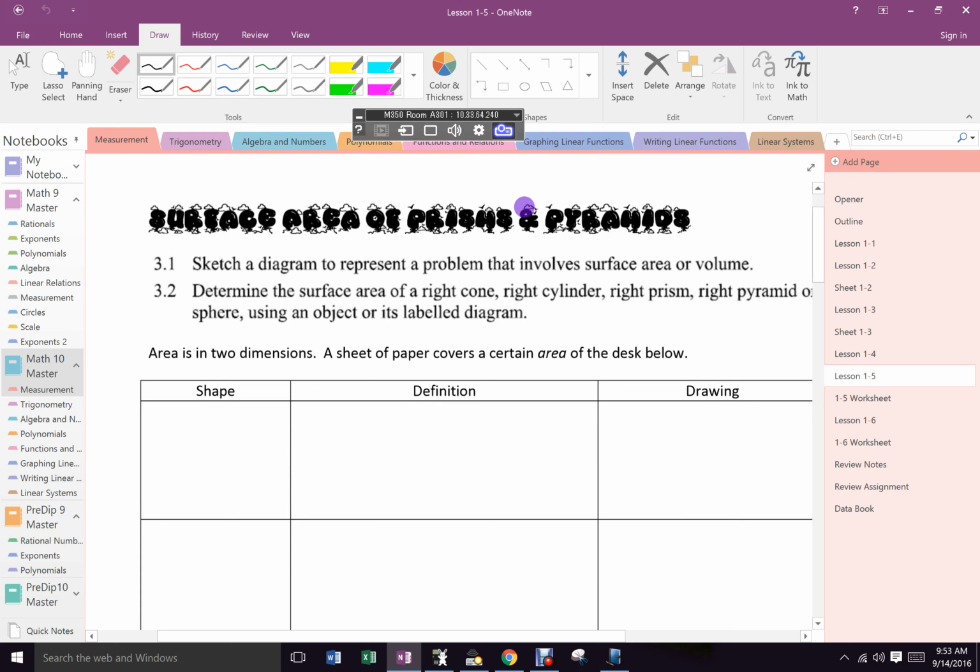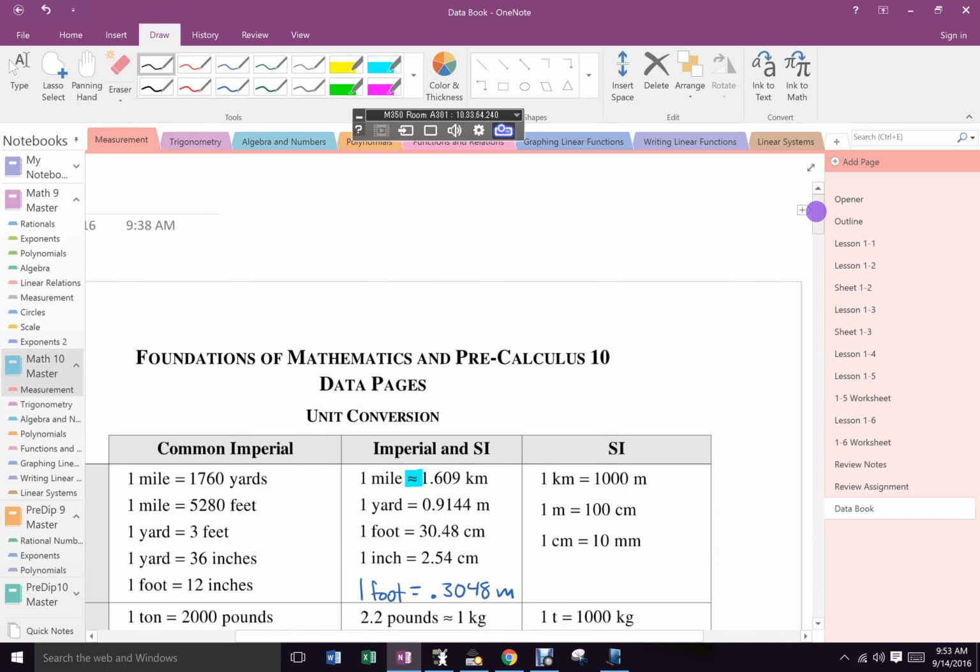All right. We will start with two kinds of shapes. Oh, by the way, we don't do any two-dimensional stuff. I do know none of that is in grade 10. So if you want to review your two-dimensional surface area, I call your attention to your data booklet.